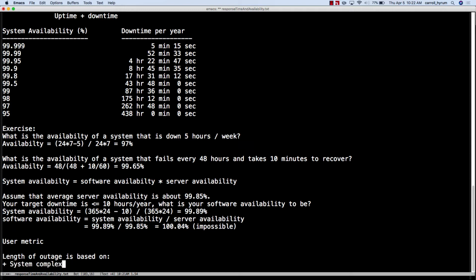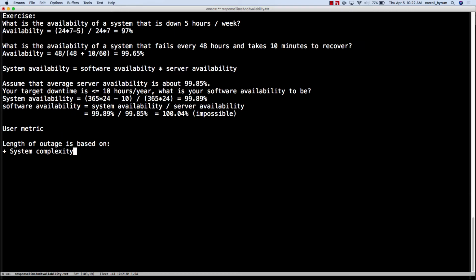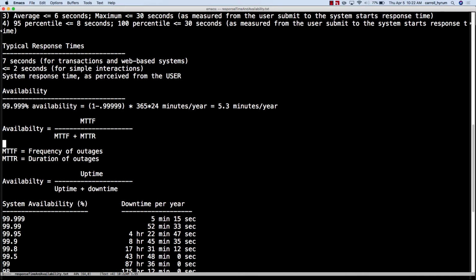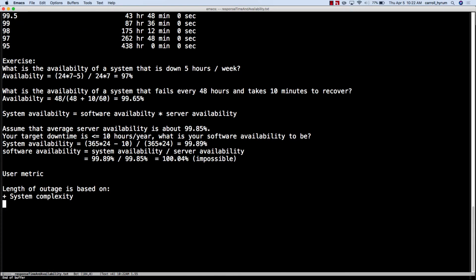How does the system complexity affect how long an outage is? What's the relationship there? Right. So we're trying to attack what term here? Mean time, we're trying to reduce this term. So as we reduce that term, then we approach 1.